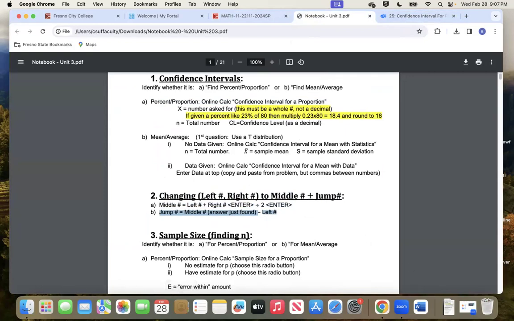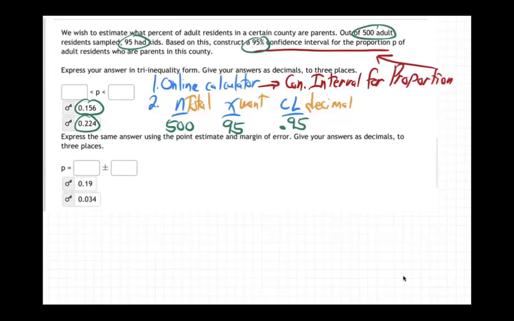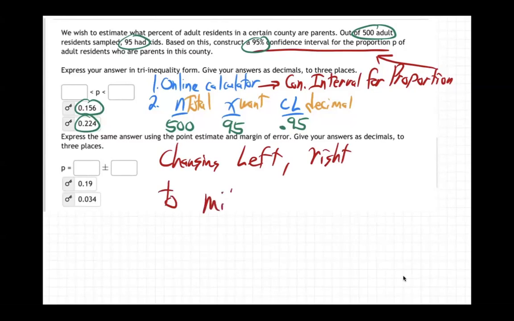So I'm going to go back to the original problem now. And there we go. Okay, it pops up. And so again, what those instructions were: changing left, comma, right to middle plus or minus jump.